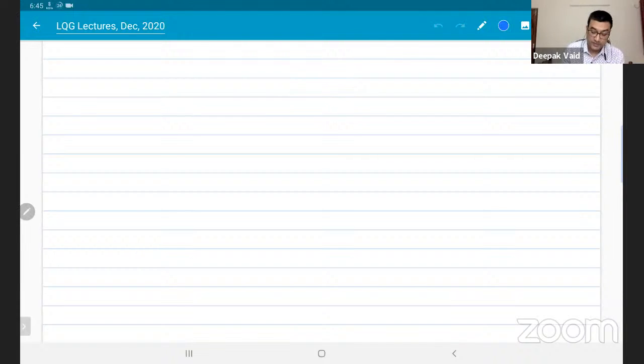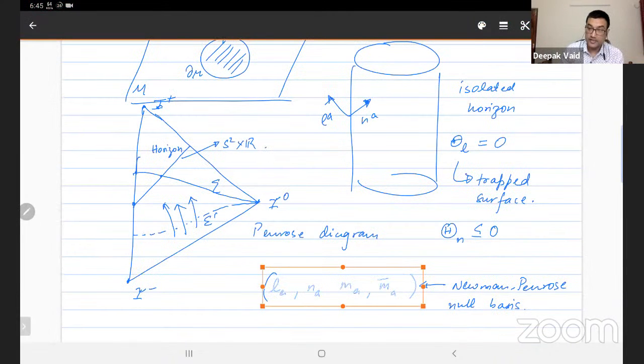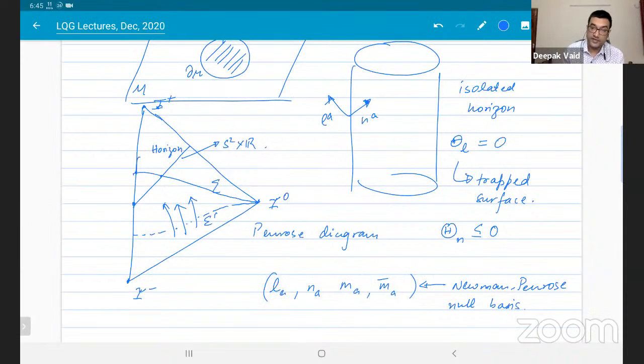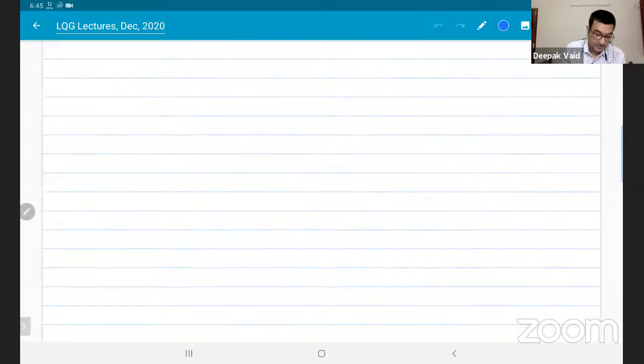In terms of these null tetrads, one can write down all these various curvature invariants, the Weyl invariant, and there are a bunch of other Newman-Penrose invariants, some psi's and phi's and all that. I won't go into all of that. But the net conclusion is that for such a surface, you have the following boundary condition.